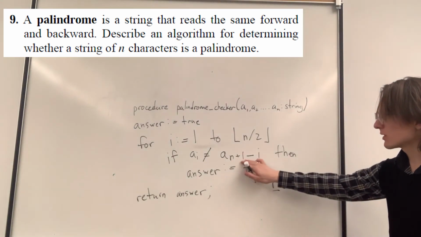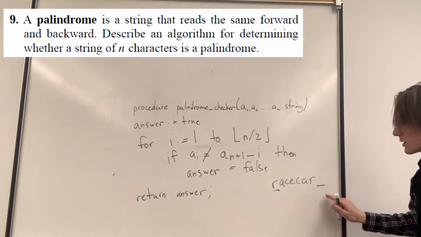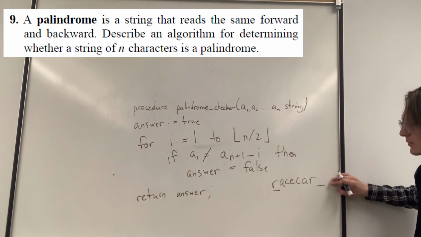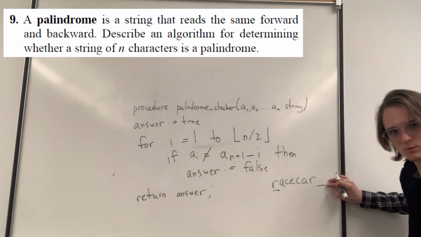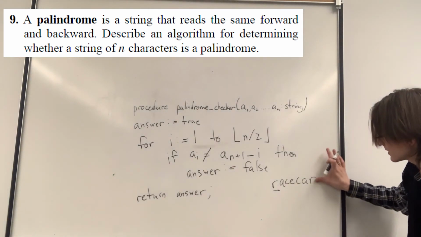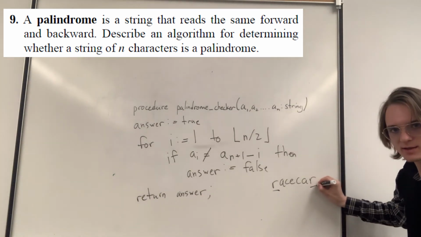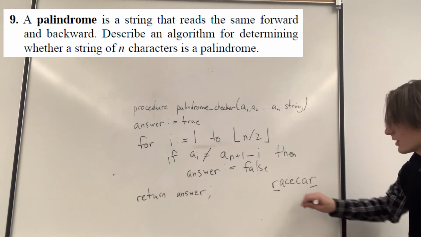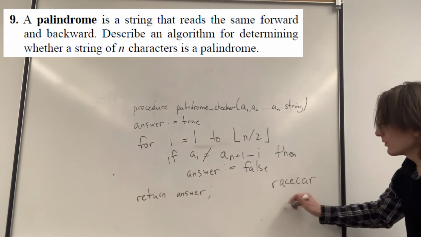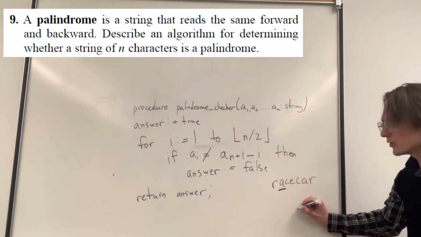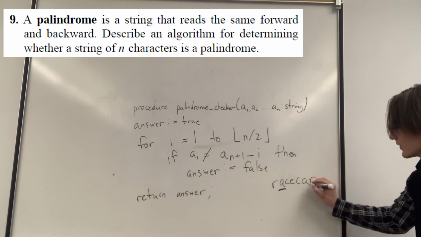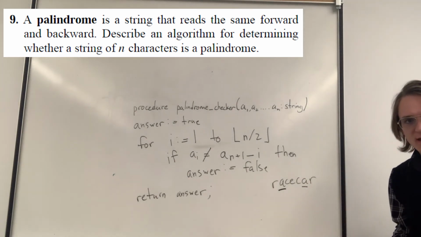A of n plus 1 minus i will subtract the current iteration. So what is a of n plus 1 minus 1? Well, it lands on the other r at the end of the string. Now, on the second loop, we would have a of 2 being compared with a of n plus 1 minus 2, so that a would be compared with that a.